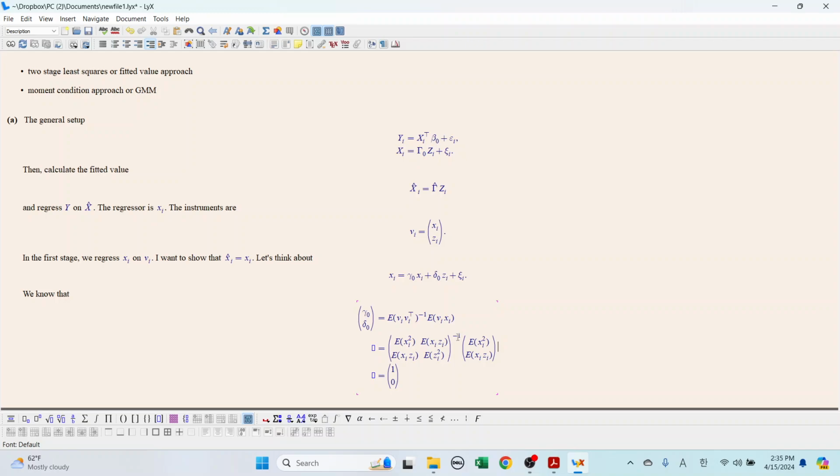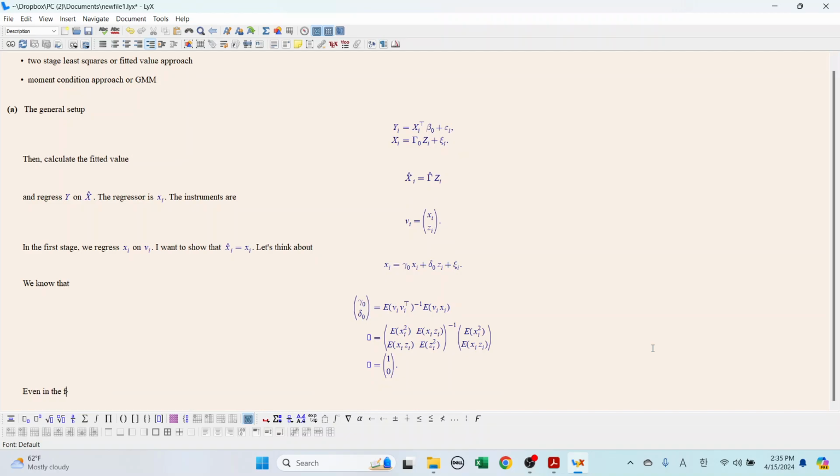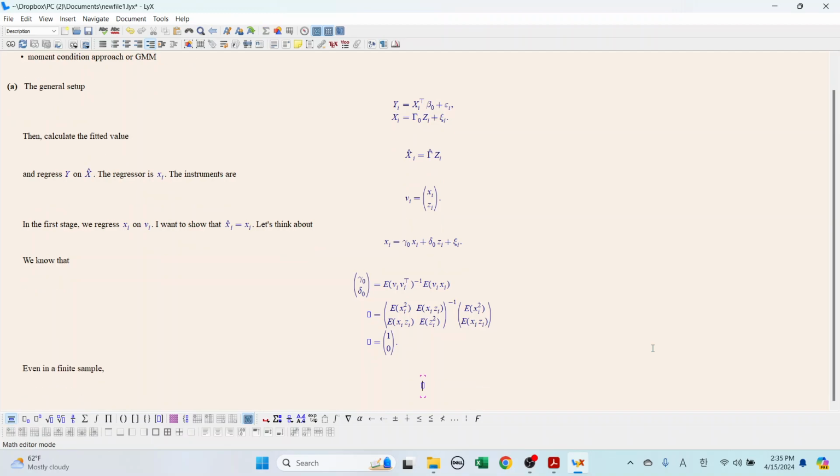But this is population level analysis. I explained this at the population level as if everything is known, and the true parameter is calculated like this. But even in the finite sample you may do the same thing.